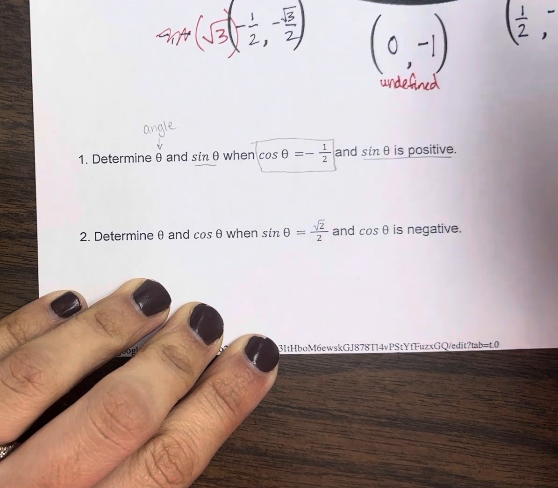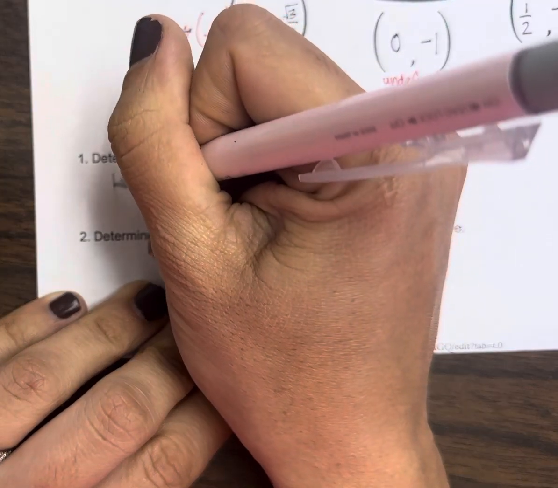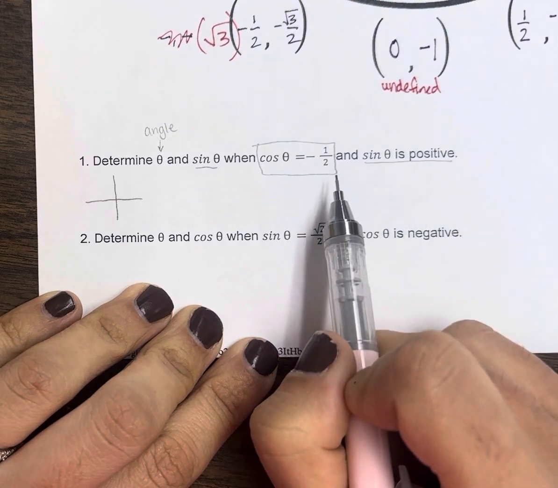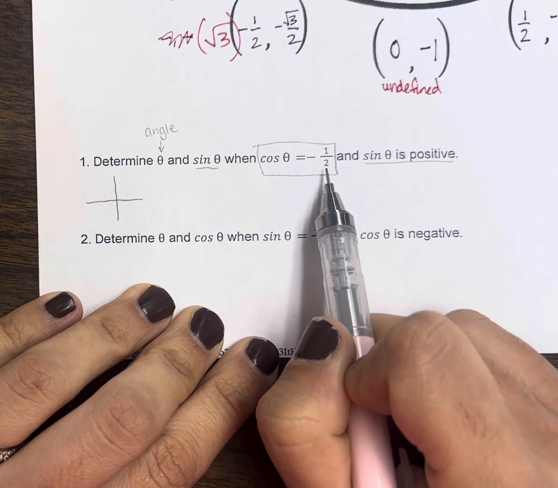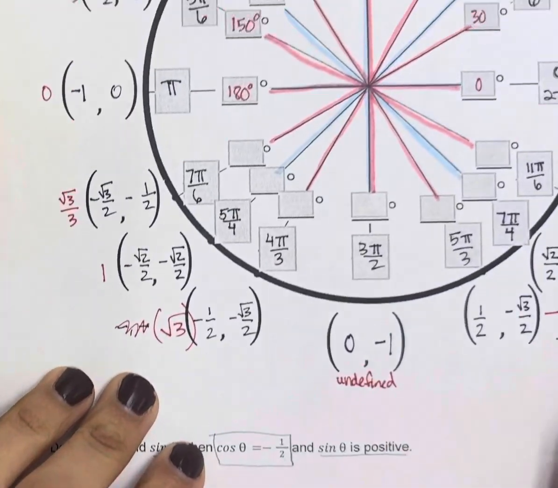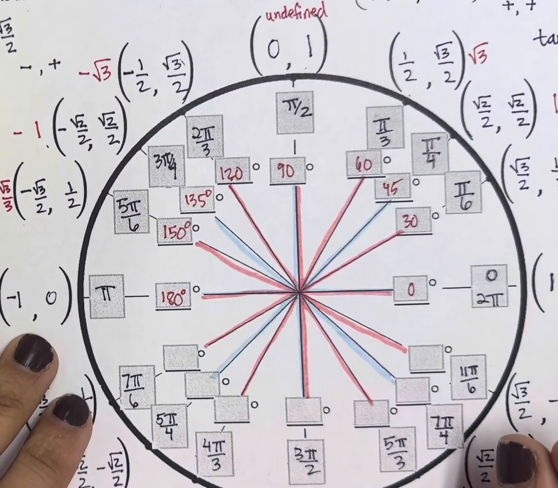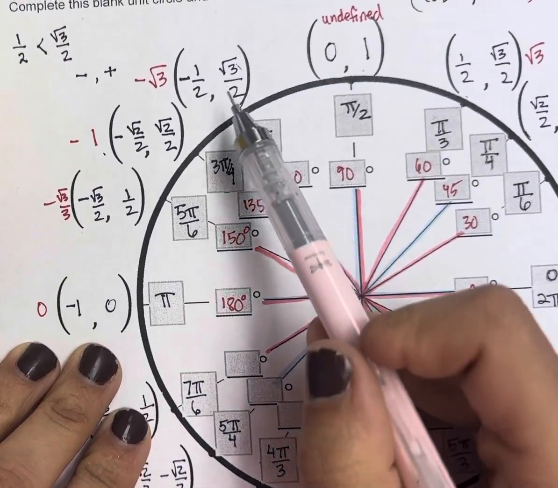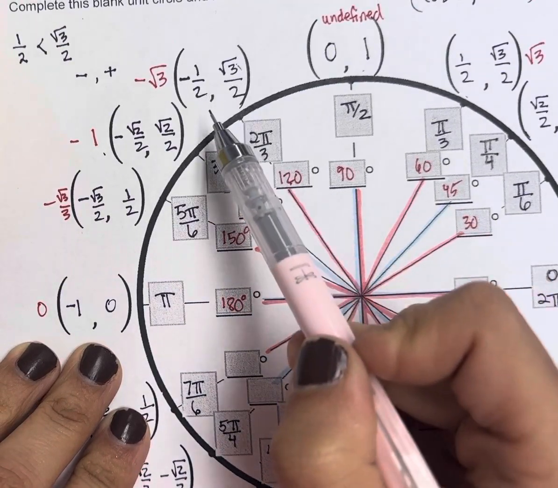Okay, if I don't have the unit circle, this is the way I'm thinking of it. Actually, let's do the way if I have the unit circle, because you all should have it. Cosine of theta is -1/2. So I know cosine is x. So I'm looking for an x that's -1/2, right here.